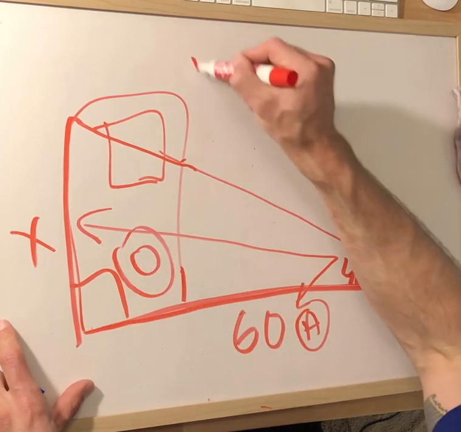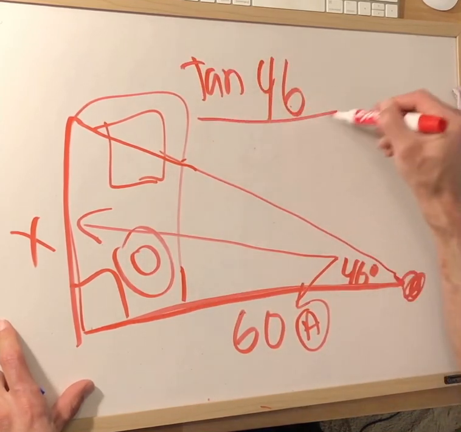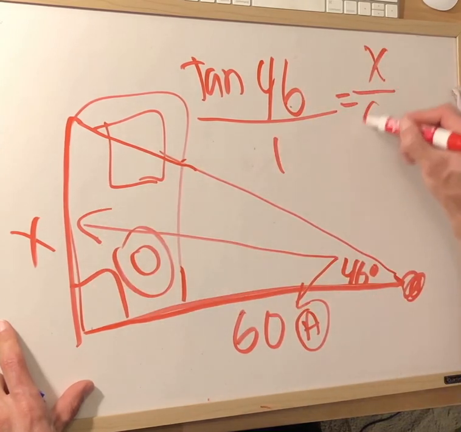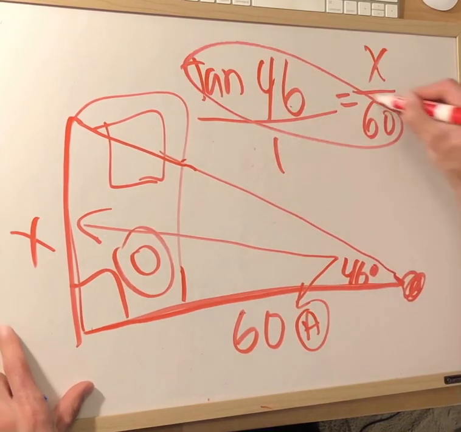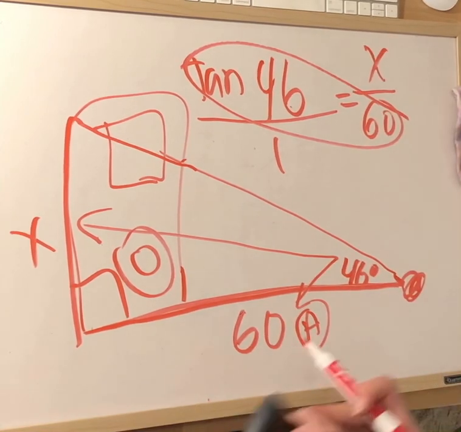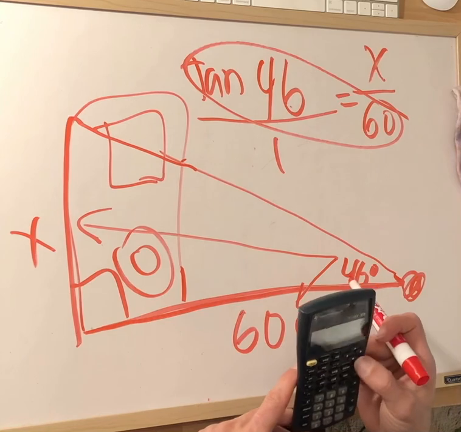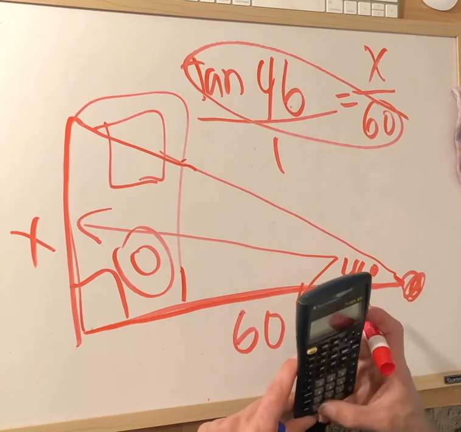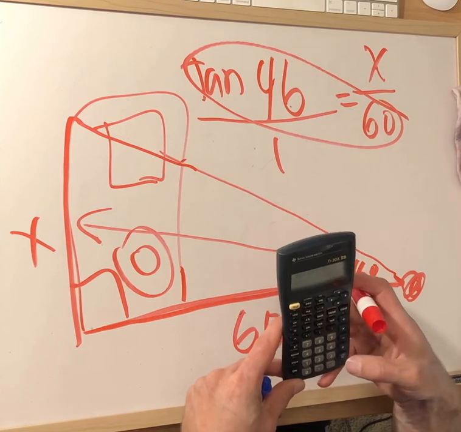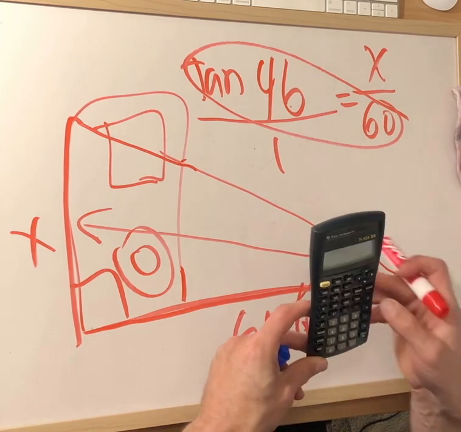So it's tangent 46 over 1 equals opposite over adjacent. Cross multiply to solve, and since I haven't used my calculator this whole time, I might as well just use it. 60 times tangent 46 is going to be 62.13.